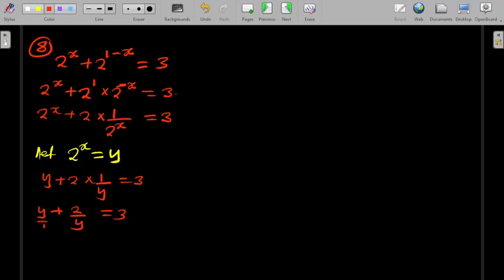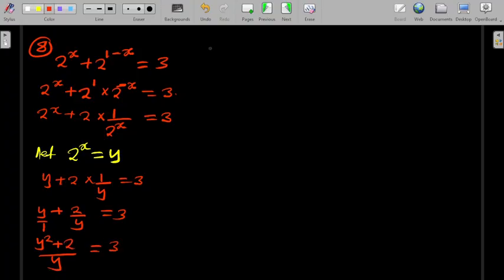So we divide by 1 here, so the common denominator becomes y. Since the common denominator is y, we say 1 into y, that's y times y, gives y squared, plus y into 2, that's 2, and this is equal to 3.